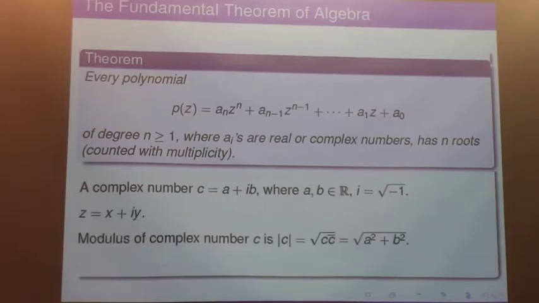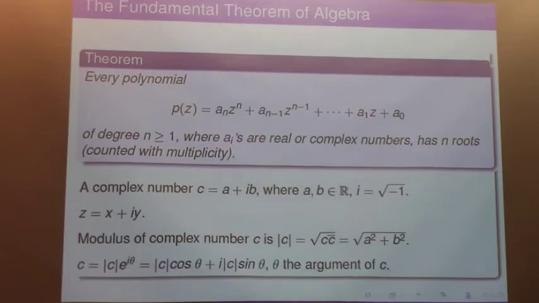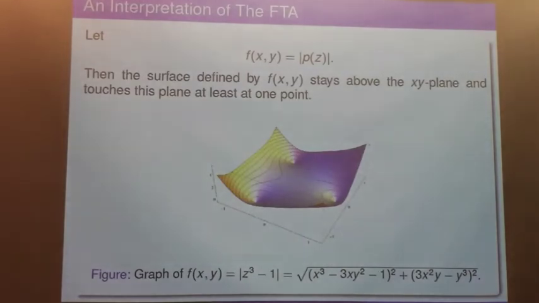A complex variable z is x plus iy, with a modulus, and a polar form of a complex number in terms of its argument and its modulus. So an interpretation of the fundamental theorem of algebra is in terms of the modulus of the polynomial.